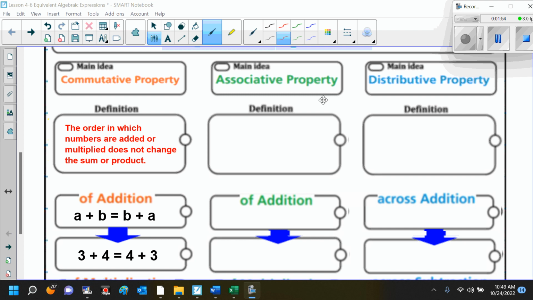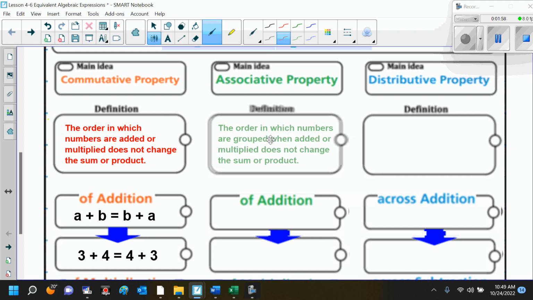The associative property is the one where it talks about grouping. The associative property says the order in which numbers are grouped when added or multiplied does not change the sum or the product. How do I show grouping in my expressions? We show grouping symbols, so here we're going to be using parentheses.